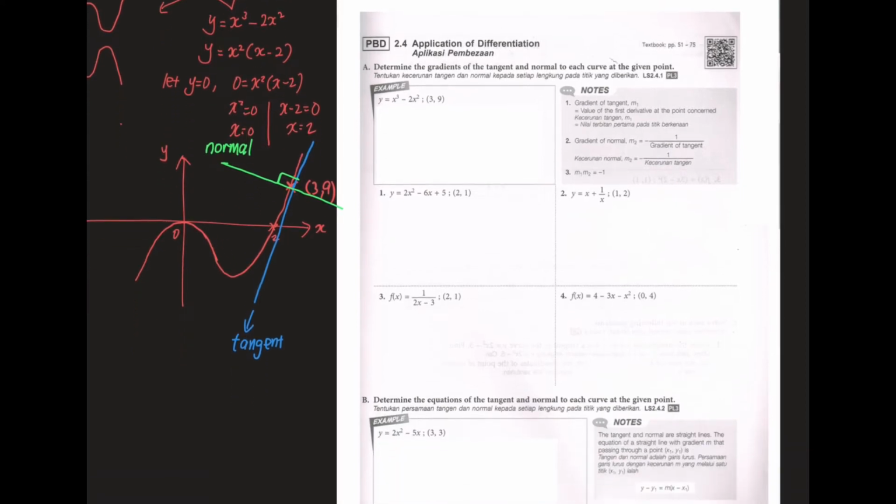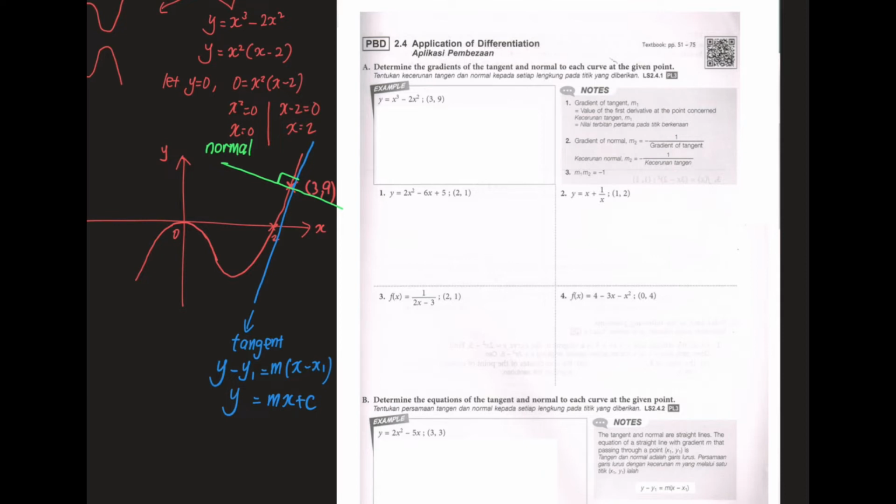Okay, now the thing is, no matter if it's tangent or normal, it is a straight line. So we can use straight line formulas: y minus y1 equal to m, x minus x1, or y equal to mx plus c. You can use either of the straight line formulas to find the equation of tangent.